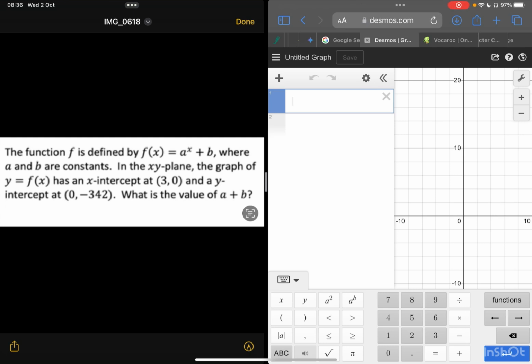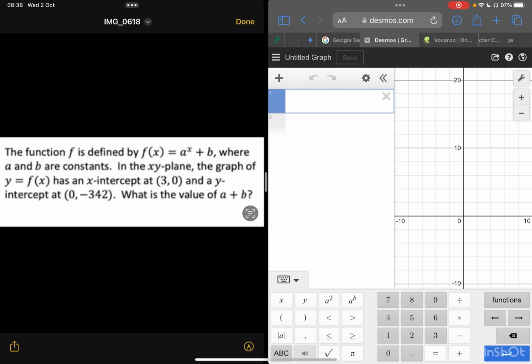Okay guys, so we'll move on with another hard SAT math question. The function f is defined by f(x) equals a to the x plus b, where a and b are constants. In the xy-plane, the graph of y equals f(x) has an x-intercept at (3, 0) and a y-intercept at (0, -342). What's the value of a plus b?